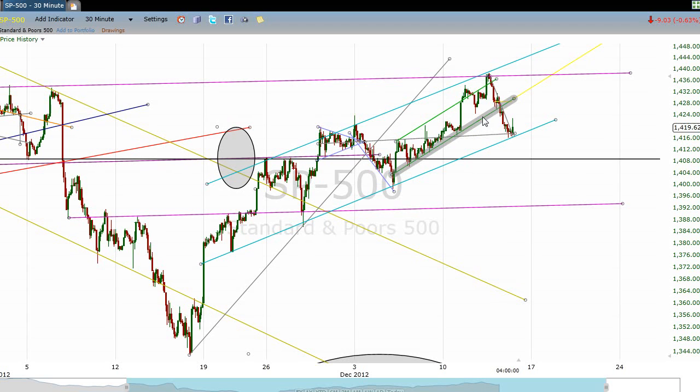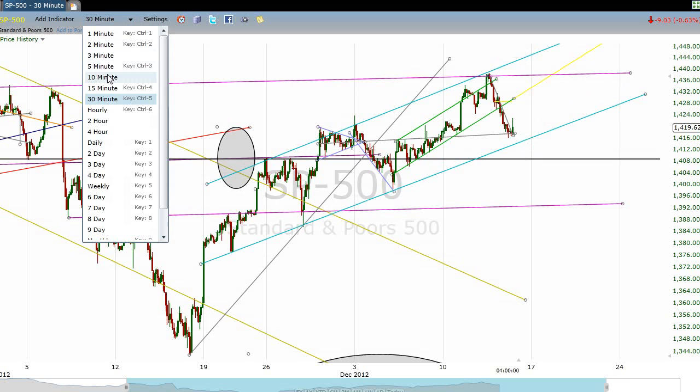Now I've broadened to a new set of channel lines, and it looks like today we may have come close, and there's signs that we're not going to get much lower than this. So let's see going forward if this line holds. It may get tested, it may get moved a little bit. We could see a little bit more selling down a bit.